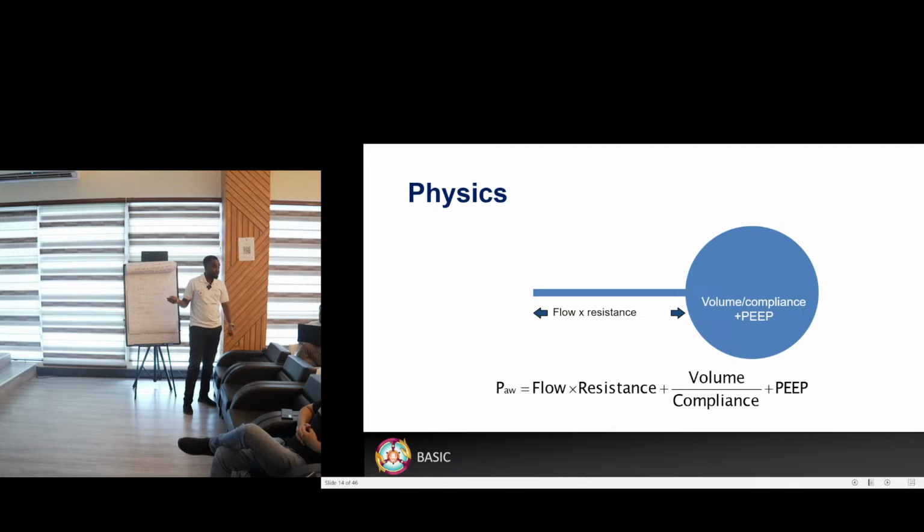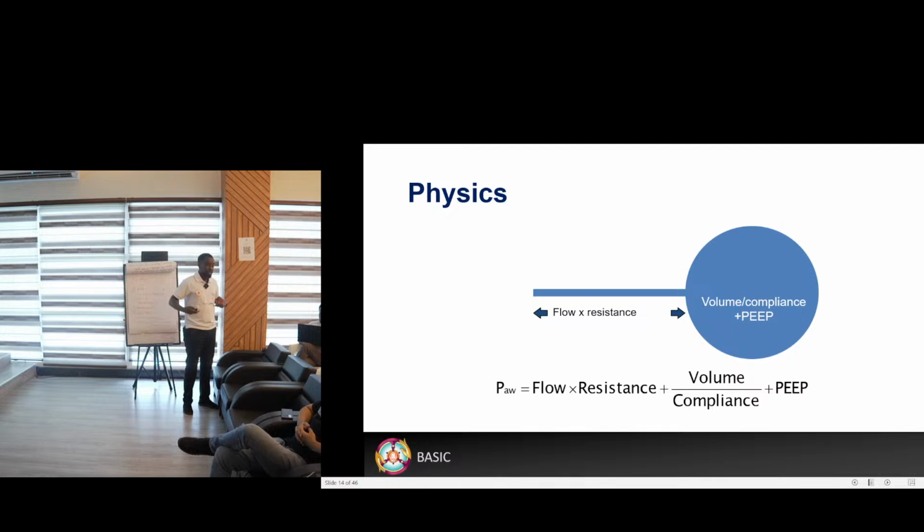So volume is the tidal volume that you have set, and compliance is when the patient's lungs are less compliant, which means the patient has ARDS. And so now we have a poor compliance of the lungs to actually expand.